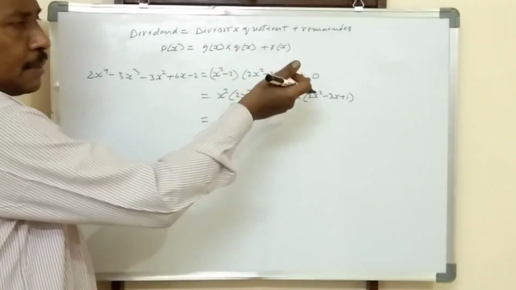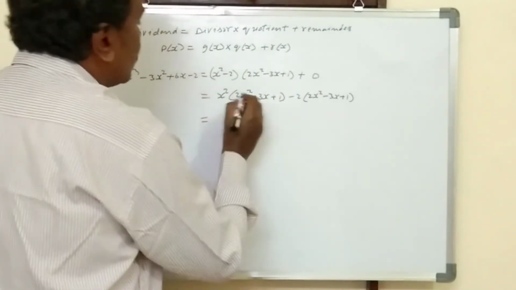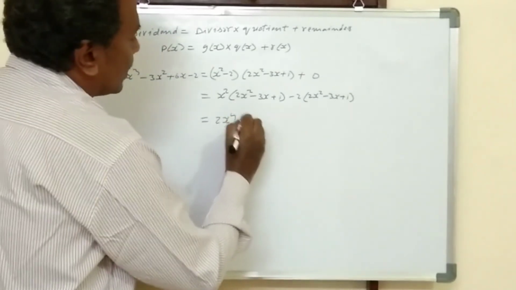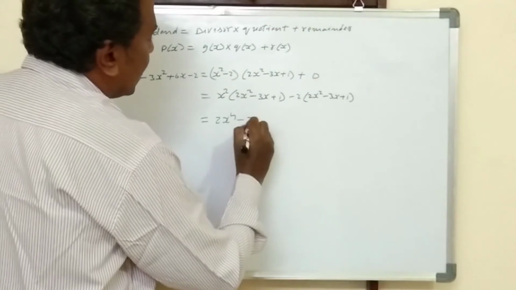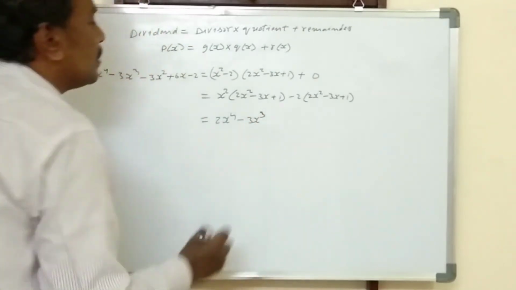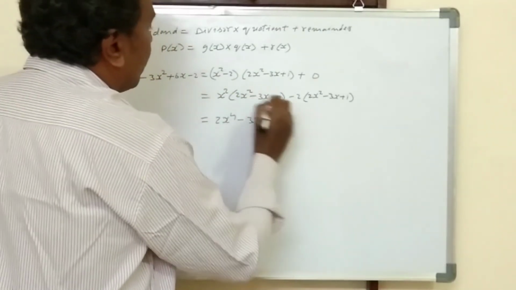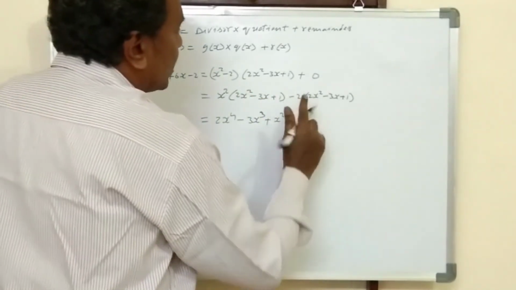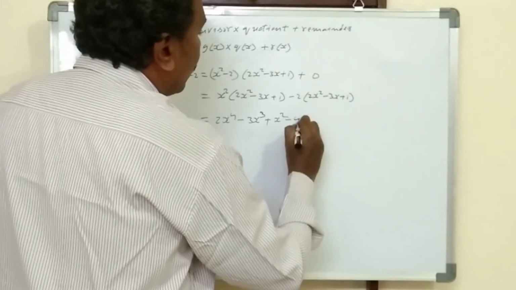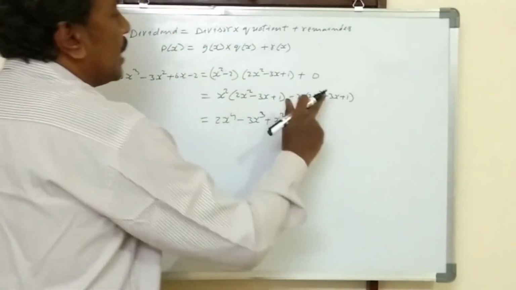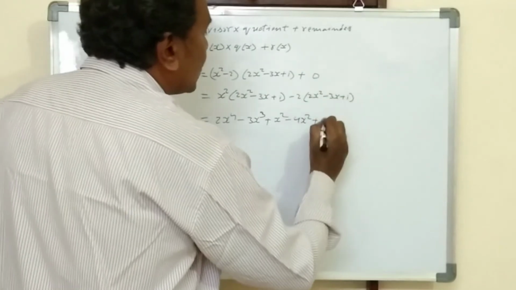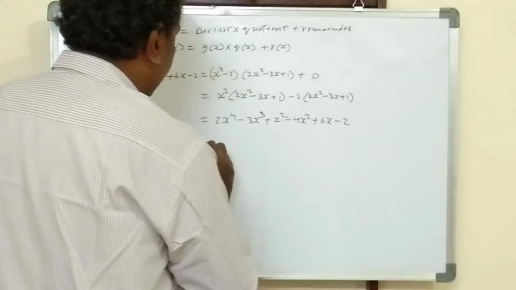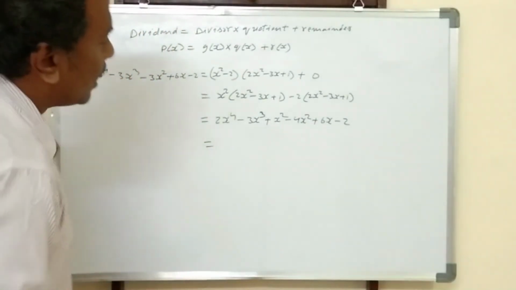Anything plus 0 is the same. So x square into 2x square, 2x power 4, minus x square into 3x, 3x cube, plus x square into 1, x square. Next, minus into plus, minus 2 twos are 4x square; minus into minus, plus 2 threes are 6x; minus into plus, minus 2 ones are 2. Here simplify the like terms.